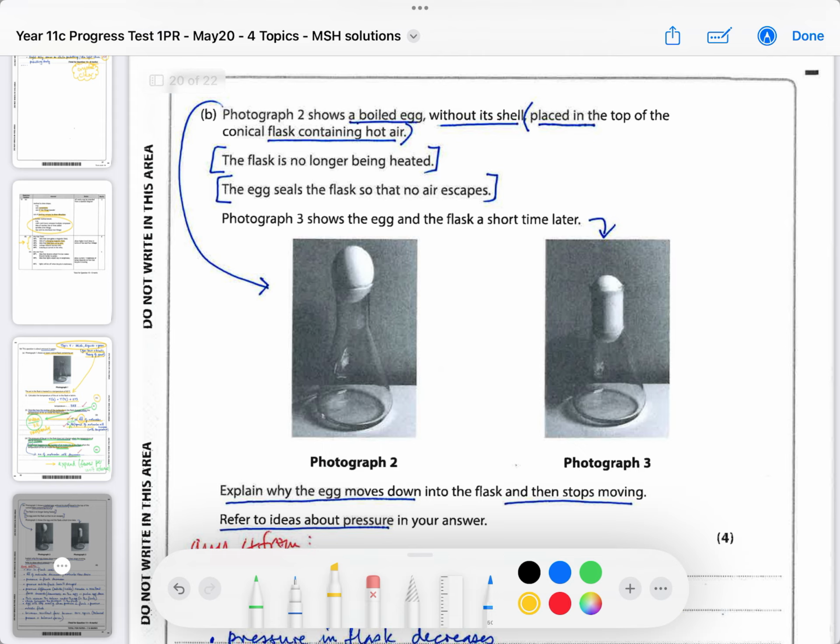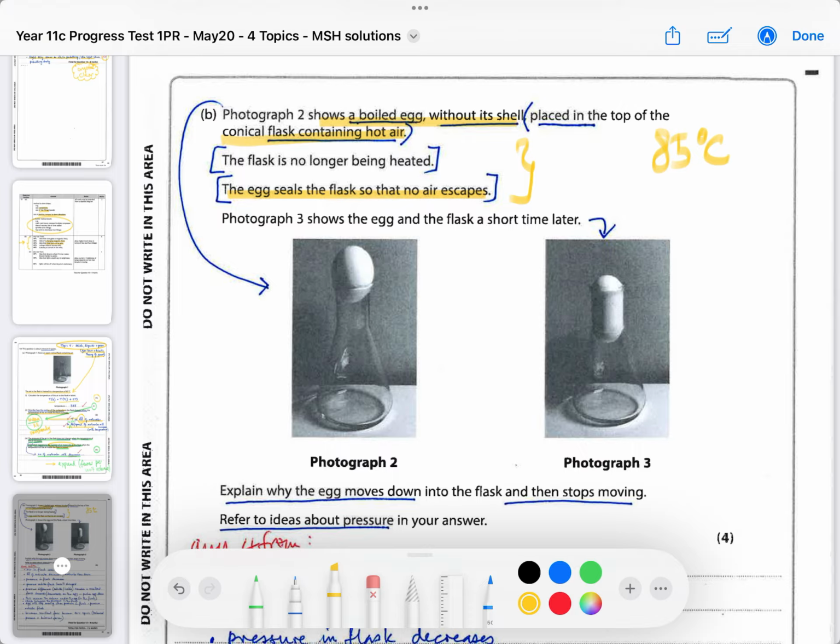Photograph 2 then continues to show if you put a boiled egg with its shell removed in the top of the flask that contained the air that was heated to, what was it, 85 degrees centigrade. So you've heated it, then you allow it to cool down, but now you put the egg there, and the egg seals the flask so no more air can escape.